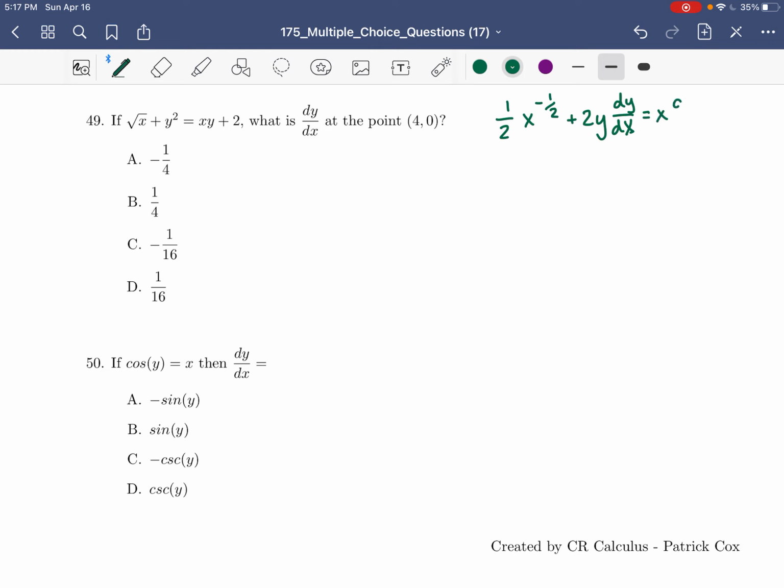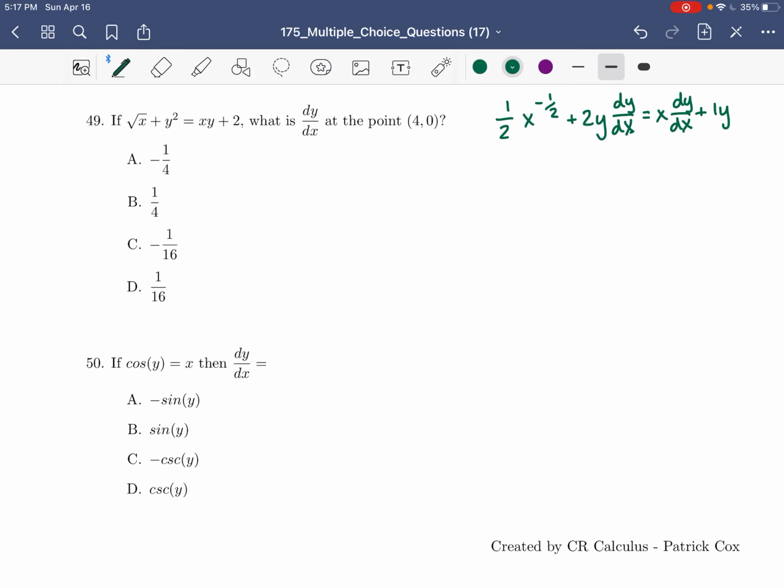So first times the derivative of the second, which is just 1 dy dx, plus derivative of the first times the second. And then the derivative of 2 is just 0.